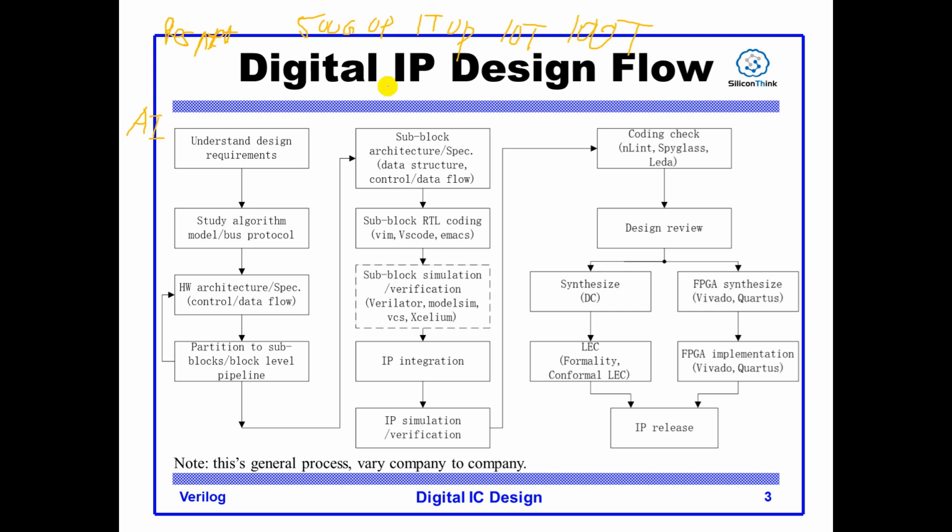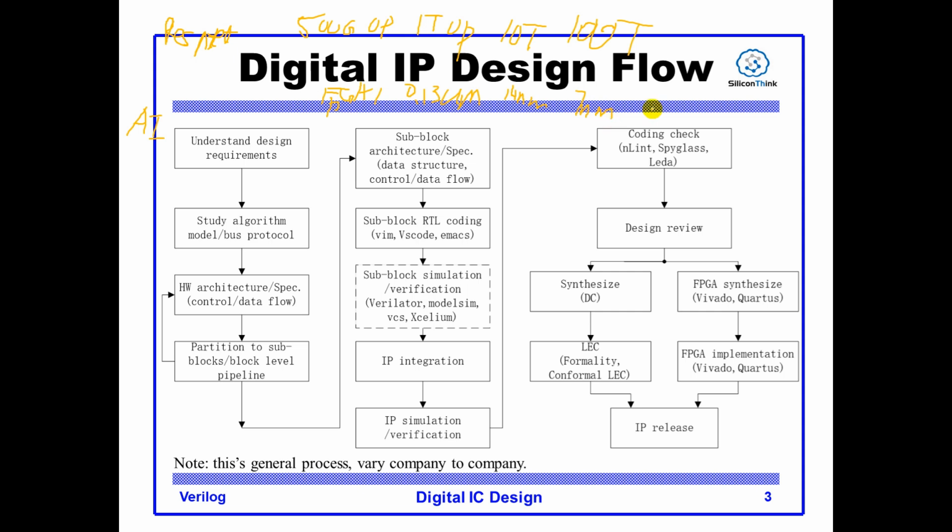Okay, and then you have to decide which platform will be used. For example, you will implement the function in FPGA, or you will implement in ASIC. And for ASIC, what's the process node you will choose? 130 nanometer, 14 nanometer, or even 7 nanometer?